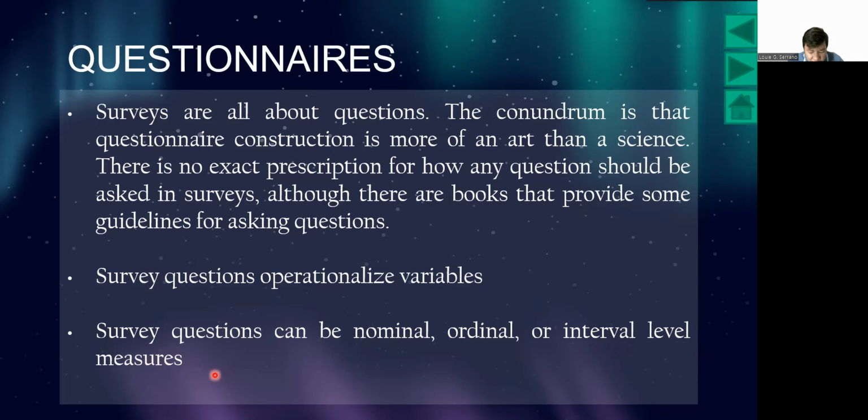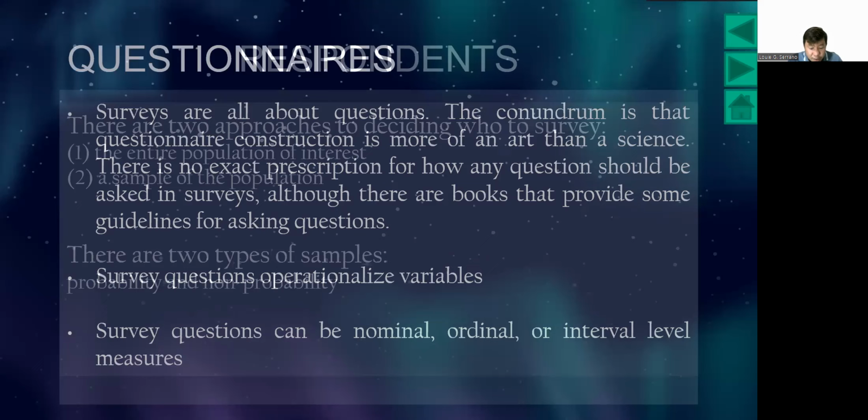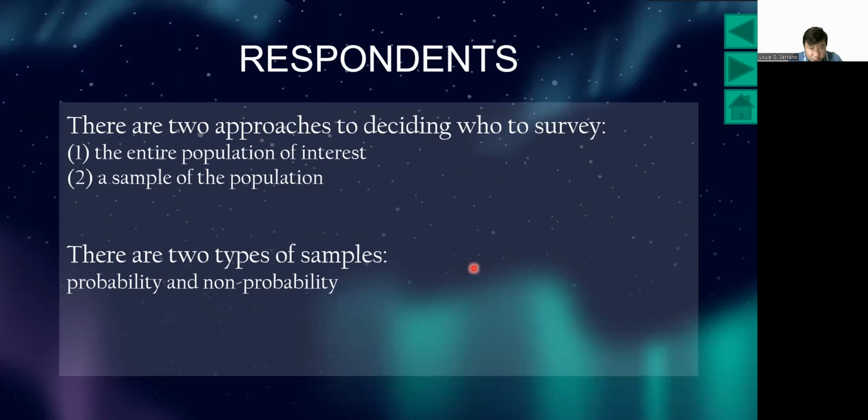So nominal level measure contains distinct categories without any ordering, and ordinal measure is a set of ordered categories, and then yung interval level measure is where every value is its own category. So ang level of measurement ng question ay mahalaga dahil it determines kung anong uri ng statistical analysis ang maaaring gamitin.